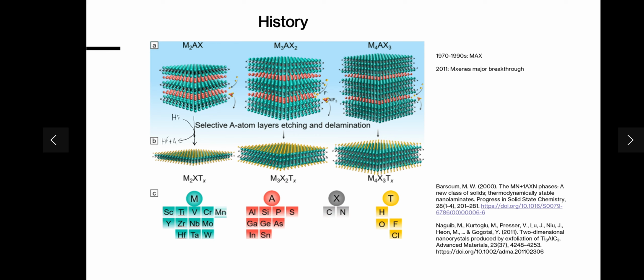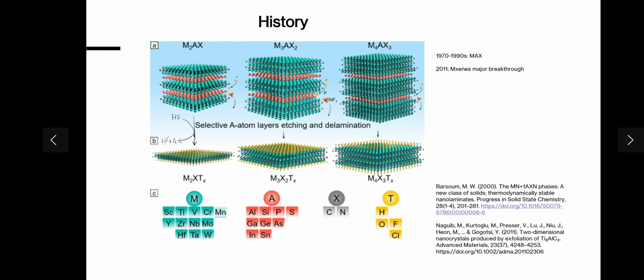Okay. MAX phases are 3D bulk layer precursors with alternating metal, carbon, and A layers. So the MAX phases will be the precursors of the MXenes. These have alternated metal and carbon and A layers.